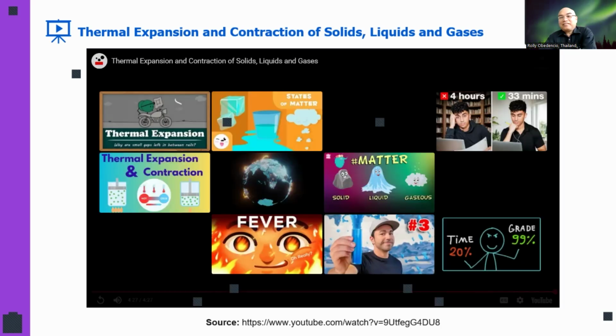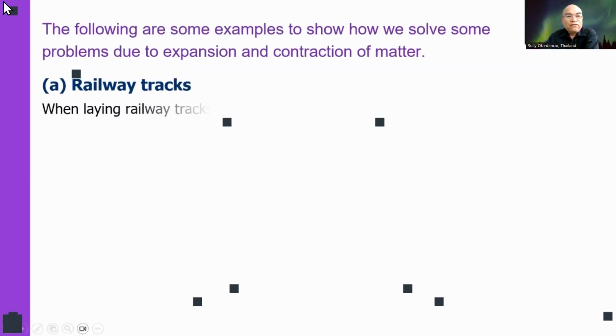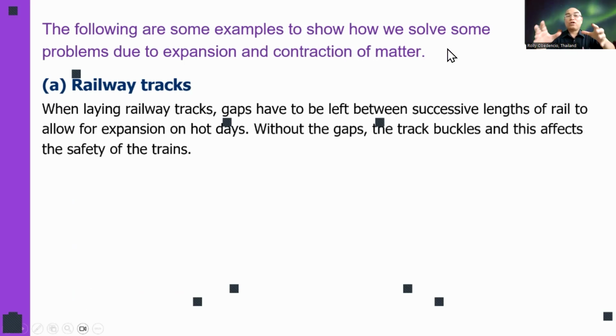That's interesting, right? Okay, so the following are some examples to show how we solve some problems due to expansion and contraction of matter. First, railway tracks. When laying railway tracks, gaps have to be left between successive lengths of rail to allow for expansion on hot days.